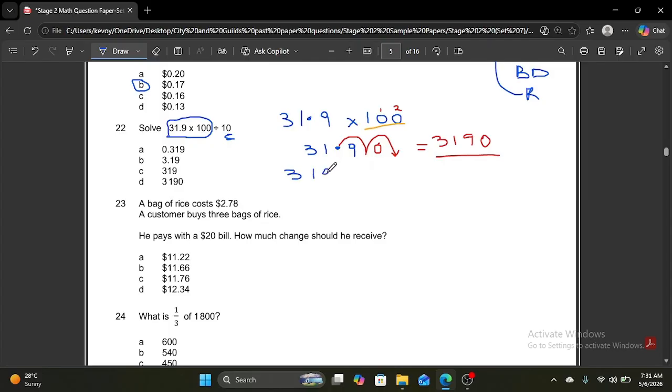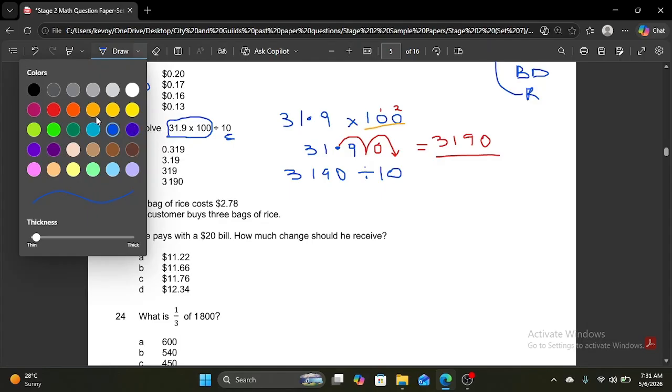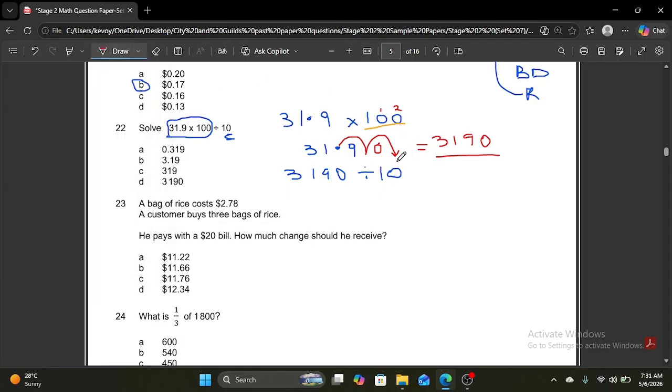So 3190. We're going to do the opposite of what we do when multiplying with a base 10 number. When multiplying, we move to the right based on the number of zeros, so when dividing by 10, we move in the opposite direction based on the number of zeros. There is just 1 zero right here, so we move the decimal point 1 place back inside, because we're doing the opposite.